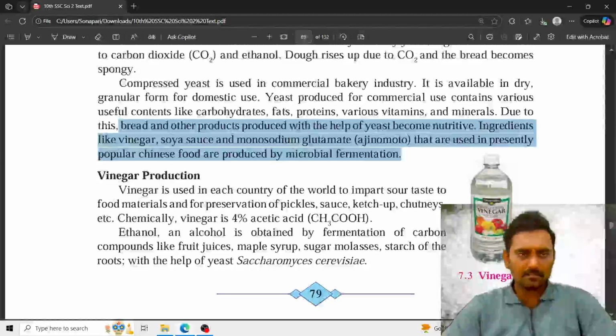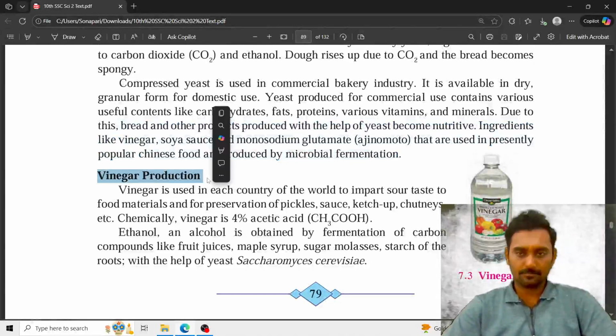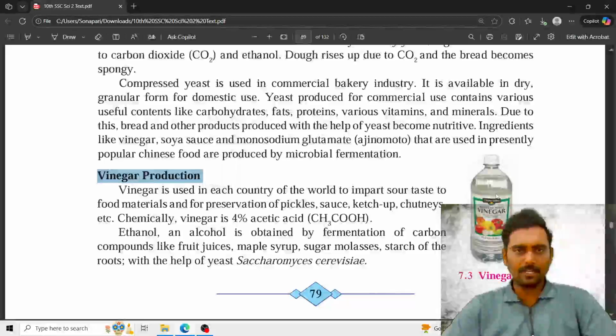Raw material for making food. Vinegar production. Many people use vinegar while cooking food. Even those who are not aware of it have seen the ads, so now you can get the idea.